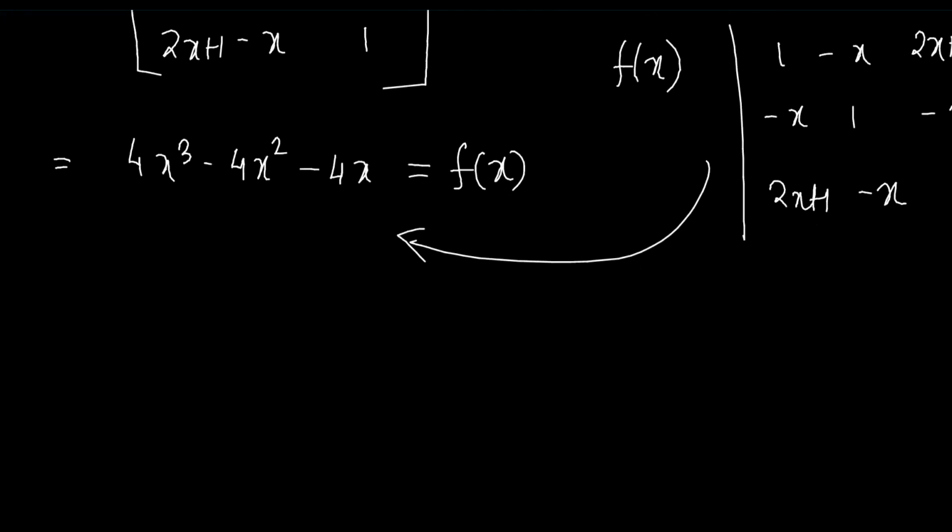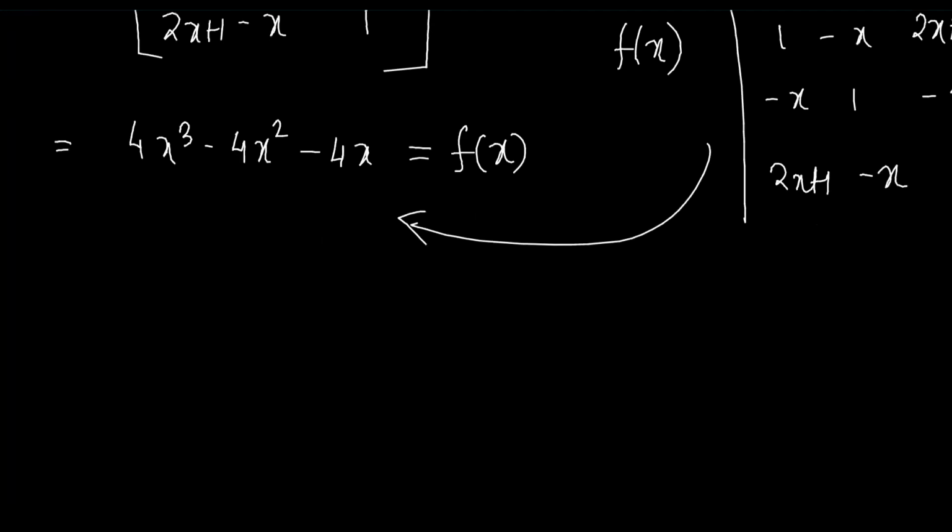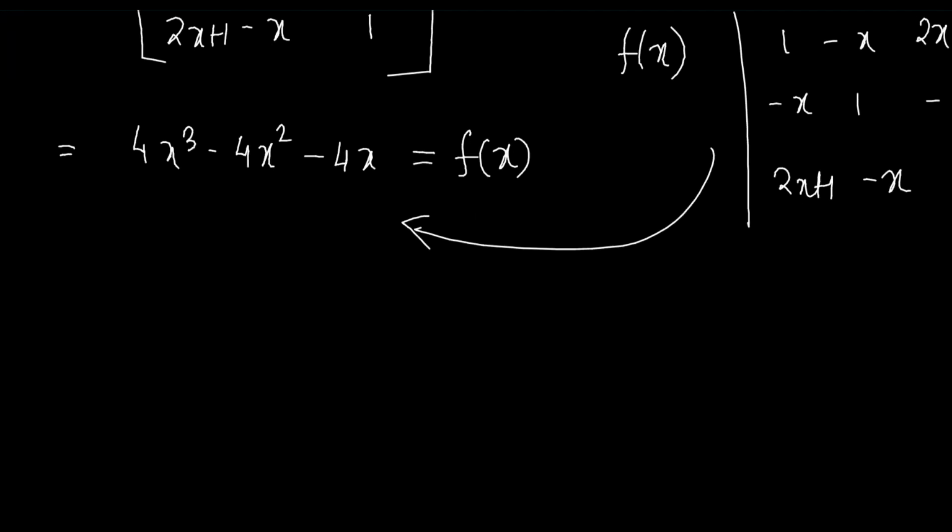Now we have to find the sum of the maximum and minimum values of f(x). Since it is a cubic polynomial, if we find the critical points, one will be a maximum and another a minimum. Taking 4 common, f(x) is 4 times x cube minus x square minus x.